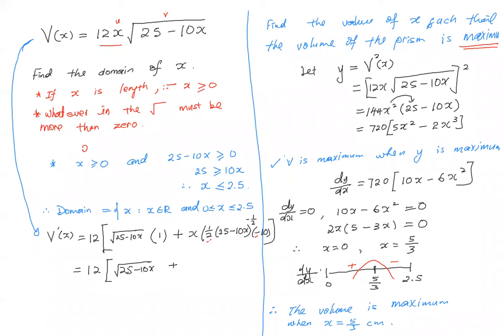So I got negative, this one will become negative 5x, and here is power half, so it will be over the square root of 25 minus 10x. So it will be much more difficult. Then you equate this equal to 0. So you have the square root of 25 minus 10x equal to 5x over the square root of 25 minus 10x. So you cross multiply.